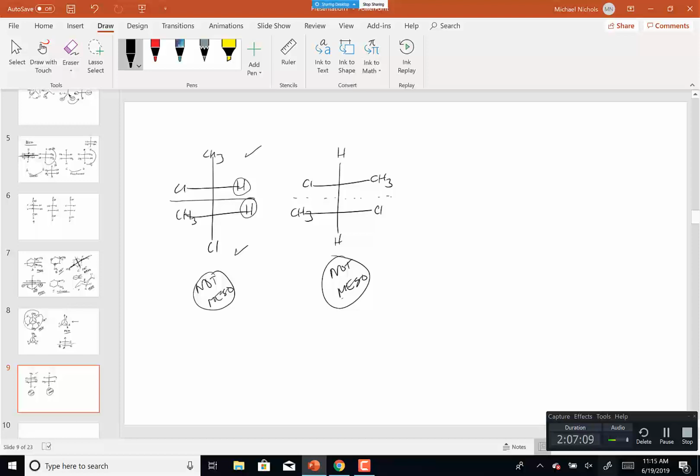Because if you're a molecule, you've got 2 diastereomers, but only 1 enantiomer. So statistically speaking, you're more likely to be diastereomers than you are to be the same or enantiomers.